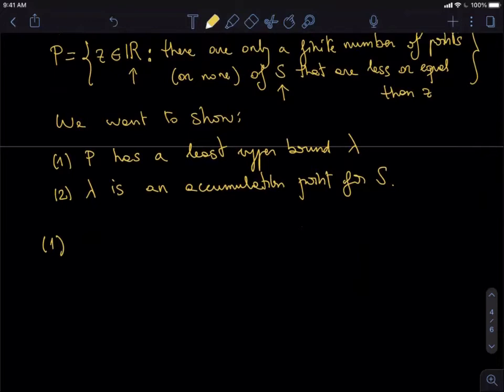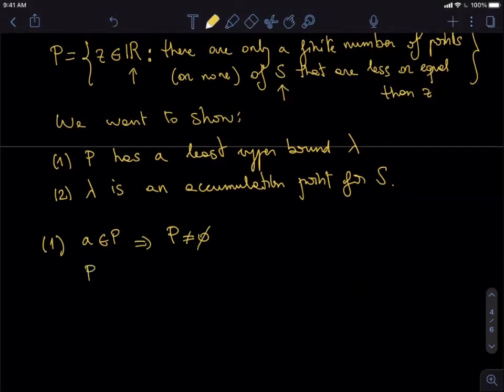Notice, because of the way it's defined, A belongs to P. This is true because no element of S can be less than the lower bound of S. So this means that P is non-empty.